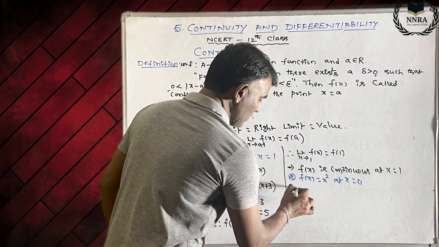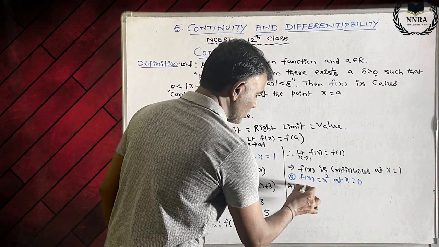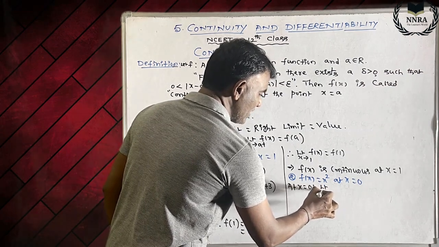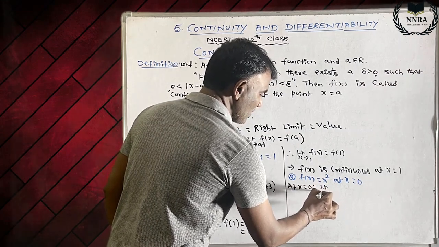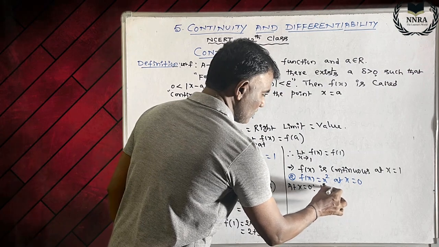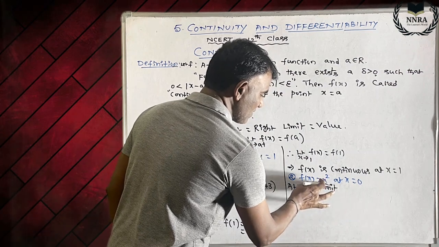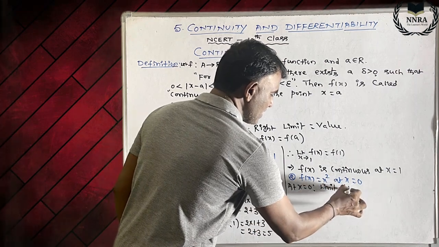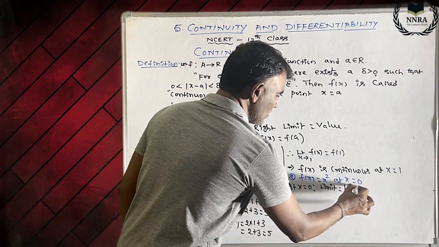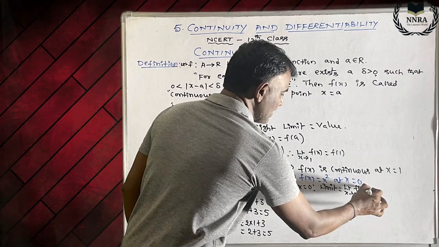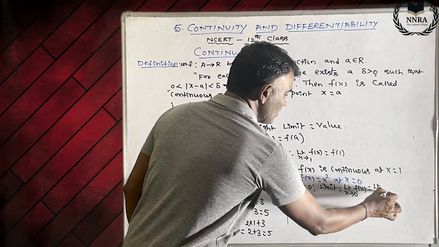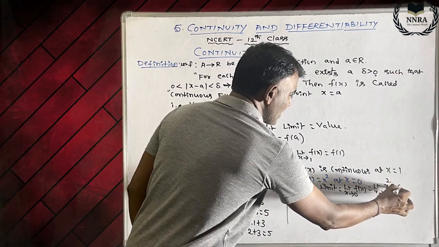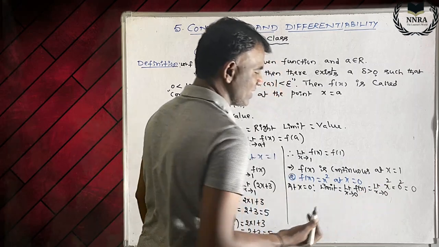Then how to find the limit at x equal to 0? This is the limit. Limit x tends to 0 of f of x, that is limit x tends to 0. What is f of x? x square, meaning 0 square equal to 0.